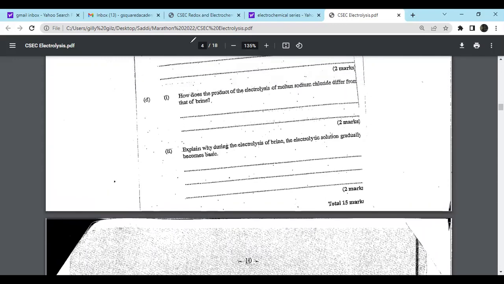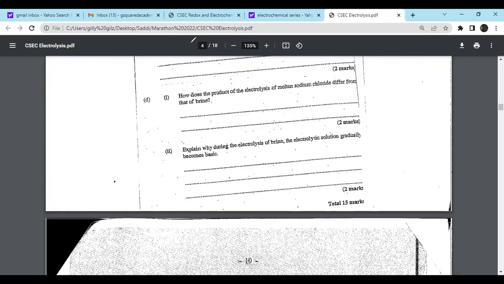Okay, so that is electrolysis, electrochemistry. We're going to move on now. This would be the last thing that we do before our break. We're going to move on now to acids, bases, and salts.